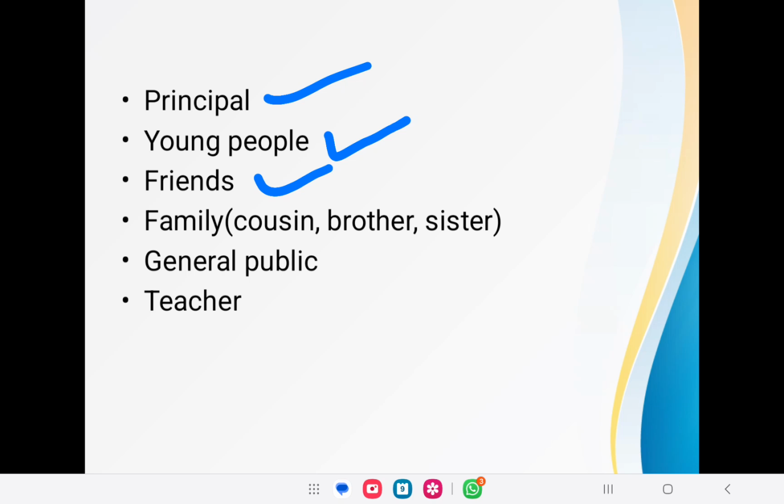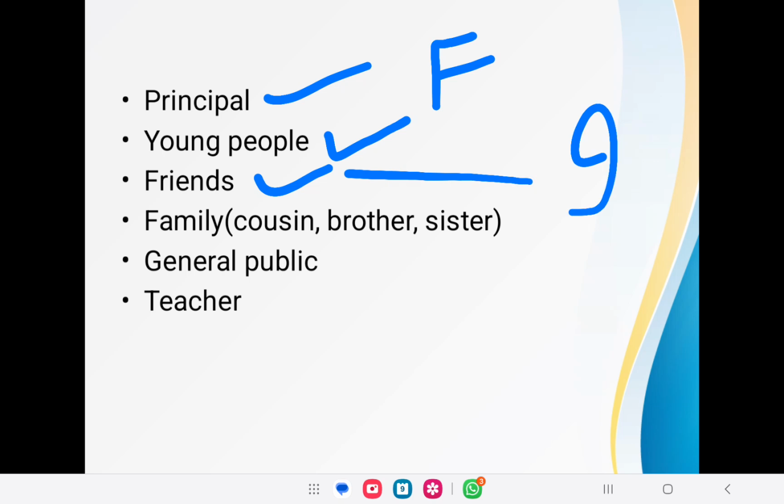But be clear about one thing: when you see the audience written there, for example young people, or when you read that you are going to write a letter for your principal, there is no such distinction of formal or informal letter. It is the audience that tells you that the letter is formal or informal, right?